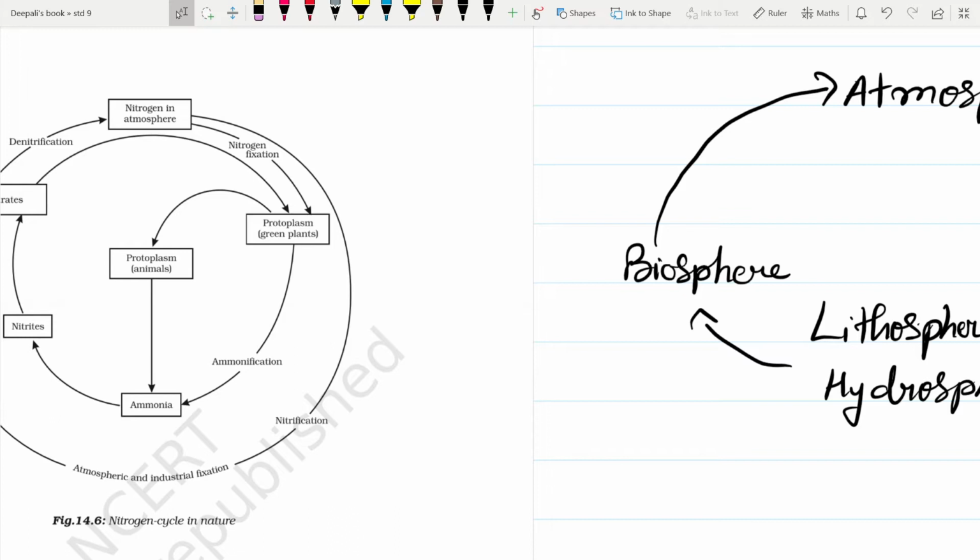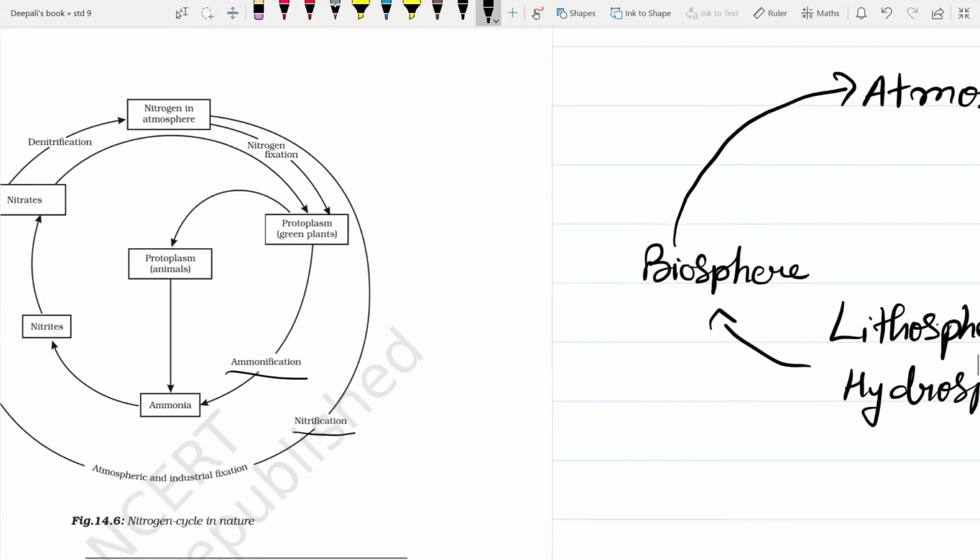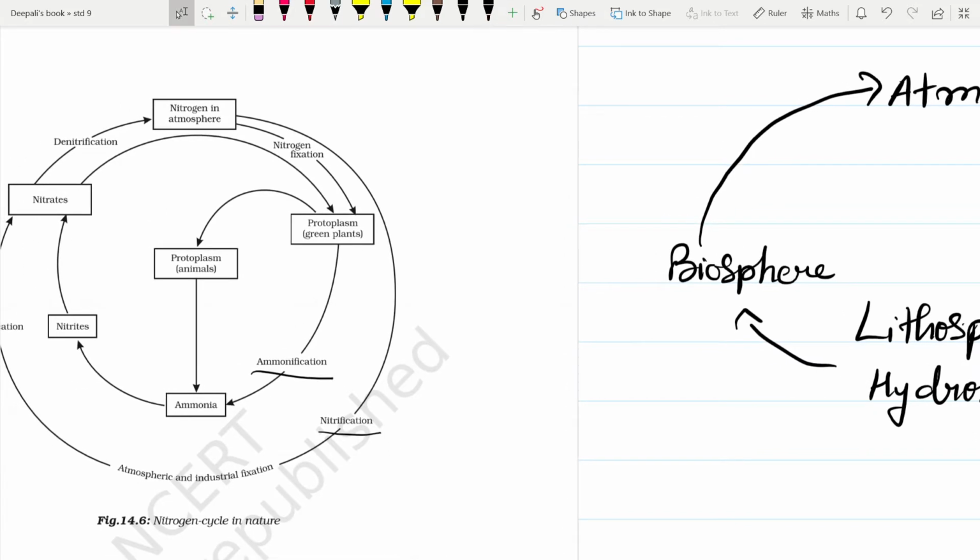Now these bacteria, after converting it into nitrogen compounds, mix it with the soil by the process of ammonification, and then by nitrification it again gets converted into atmospheric nitrogen. This is done by pseudomonas, which are called denitrifying bacteria.